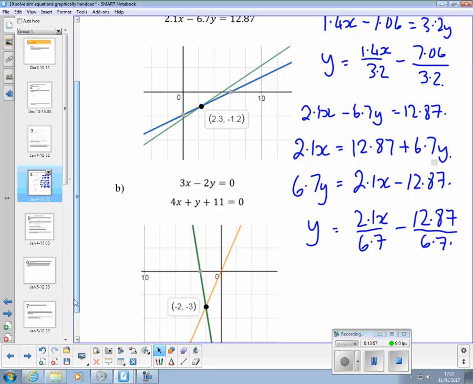But part of the process you need to go through for the assignment question requires you to rearrange the equations. Well, you could, but that's just going to draw the same lines over the top of the ones you already got there. So I need you to show me this process. So we're doing it this way.